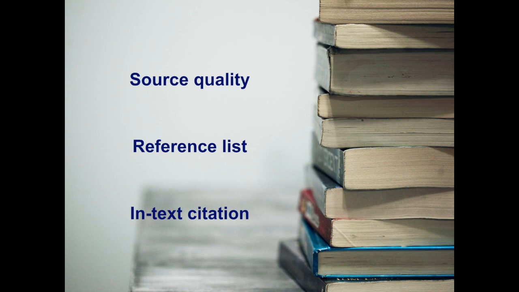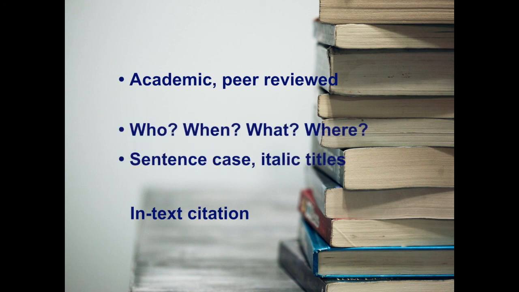So let's review what we learned in this lecture. First, source quality. Academic, peer-reviewed papers are the best sources that you can use. The reference list: who, when, what, and where. This is the order in which we put things when we are writing out our reference.